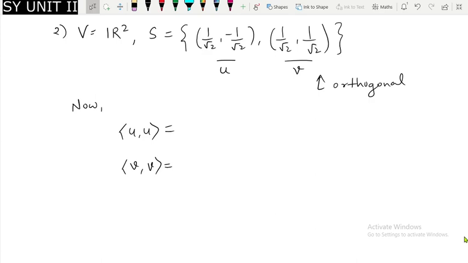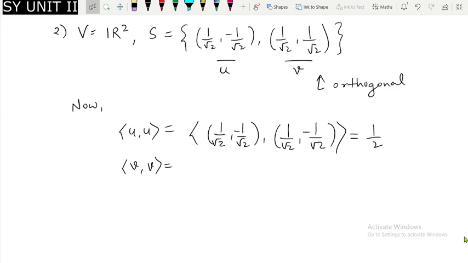So what will be the inner product of u with u? It will be the inner product of (1/root 2, -1/root 2) with itself, and this will be exactly equal to 1/root 2 multiplied by 1/root 2, which is half, and again plus half, that will be 1. And similarly you can check that the inner product of v with v will also be 1, therefore it is an orthonormal set. Okay, so it is both orthogonal as well as orthonormal.